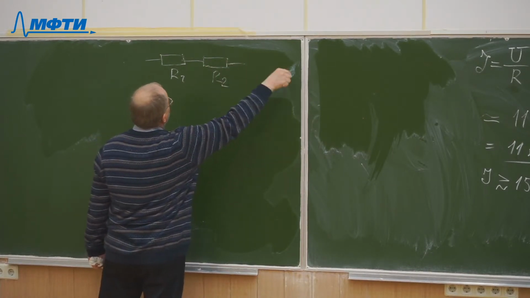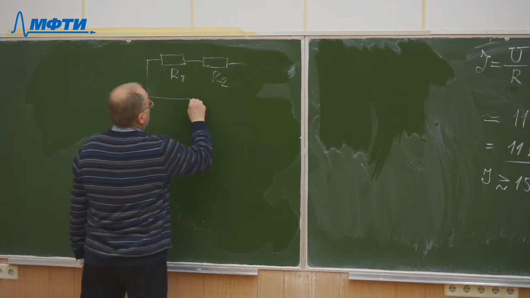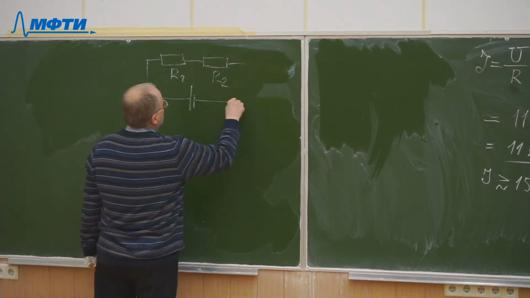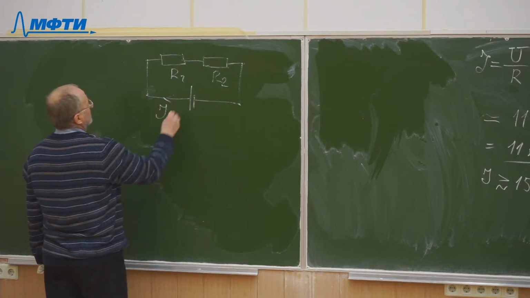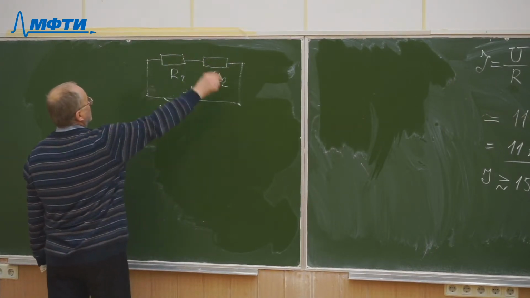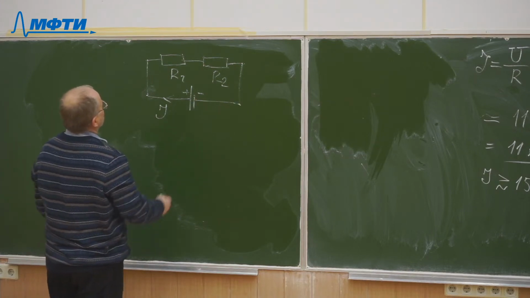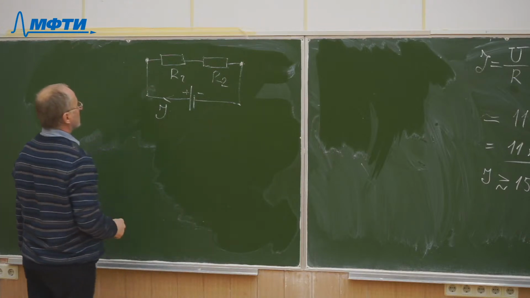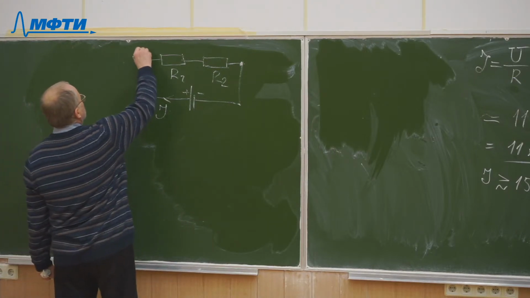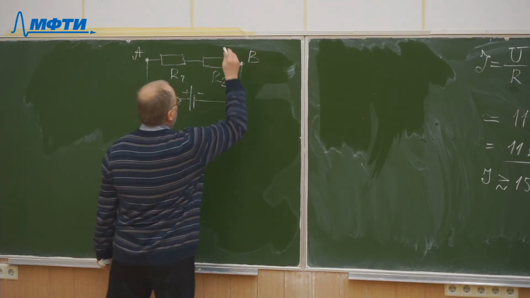There may be many resistors, and all of them are connected to some voltage source, so that the current may flow in this direction from plus to minus. What will be the resistance of this circuit, the resistance between points A and B.